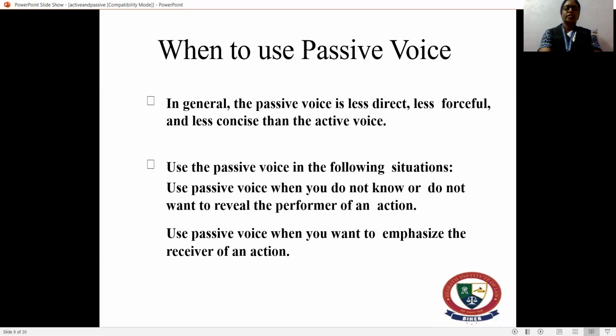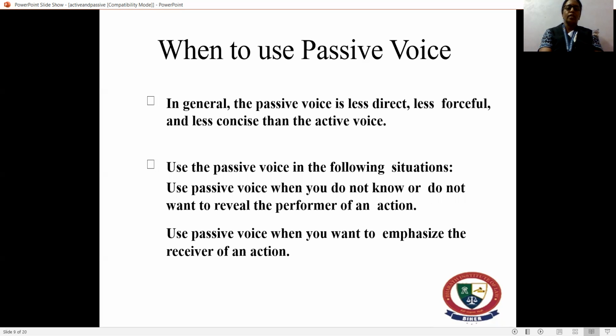We have already said it is confusing, it takes time to understand, it is not that easy to understand. Then why should we have passive voice sentences? There must be some reason, some usage for these passive voice sentences. Only then will we be using such sentences. So now we'll see what are the situations or reasons we use passive voice sentences. So let us see that.